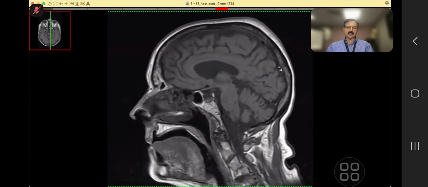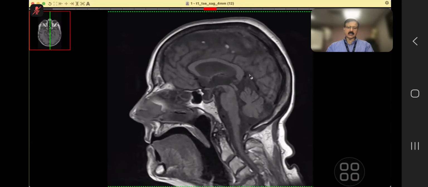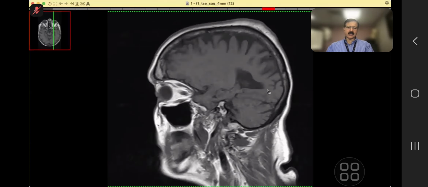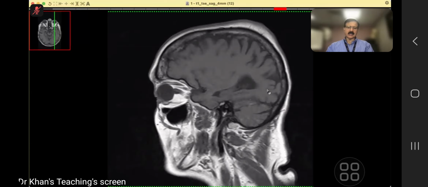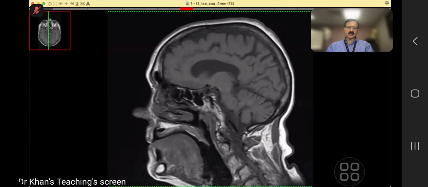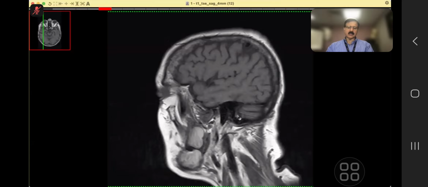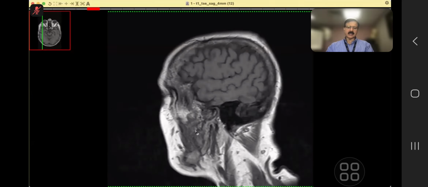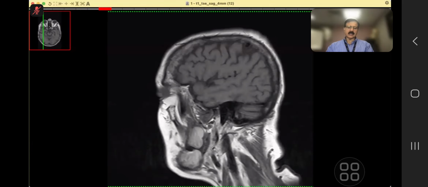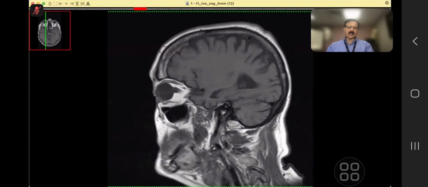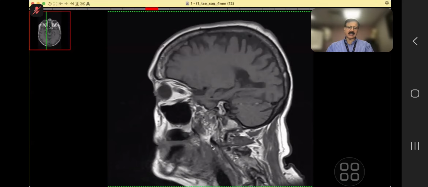Now look here, this is what is going to be asked in the exam, the protocol. So you are going right and left. So this is the mandible, and look at this mandible with this unerupted tooth. So this was a dentigerous cyst, quite a unique presentation at this age.